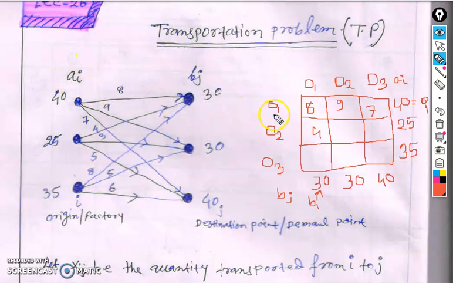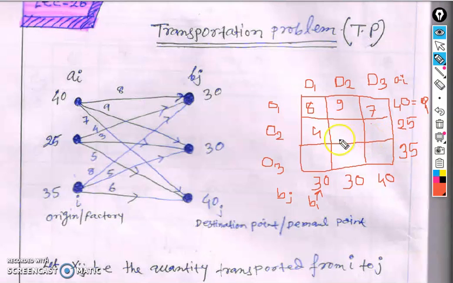That means the first factory can supply 40 units, the second factory can supply 25 units, the third factory can supply 35 units. The first destination point demand is 30 units, so here we write 30. D2 is 30 units because it is the second demand point, and this one is the third demand point, so here we represent 40 units.